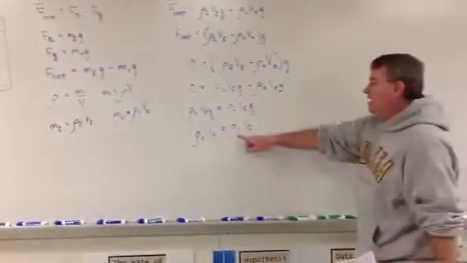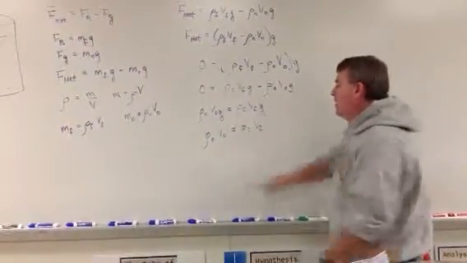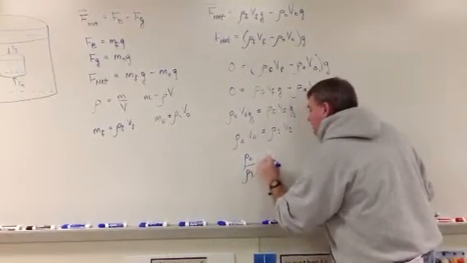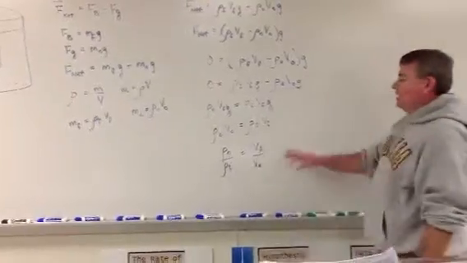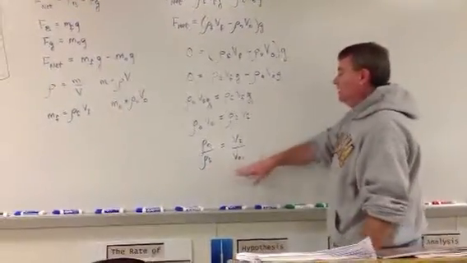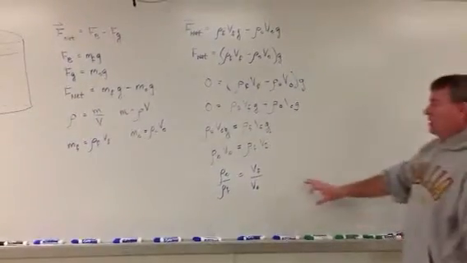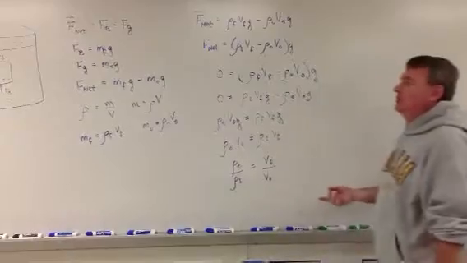Now, if you divide this side by rho_f and divide this side by rho_0, you have rho_0 over rho_f being equal to V_f over V_0. Now, you have ratios of density to volume. So you can basically look at this and analyze what this might be. Let's say that the volume of the object is equal to the volume of the displaced fluid.